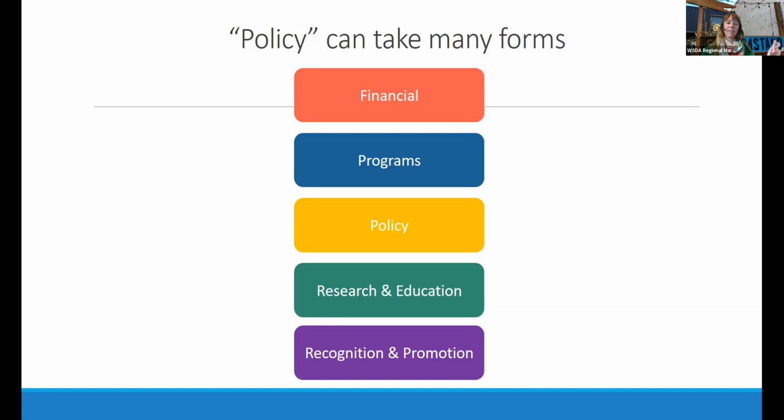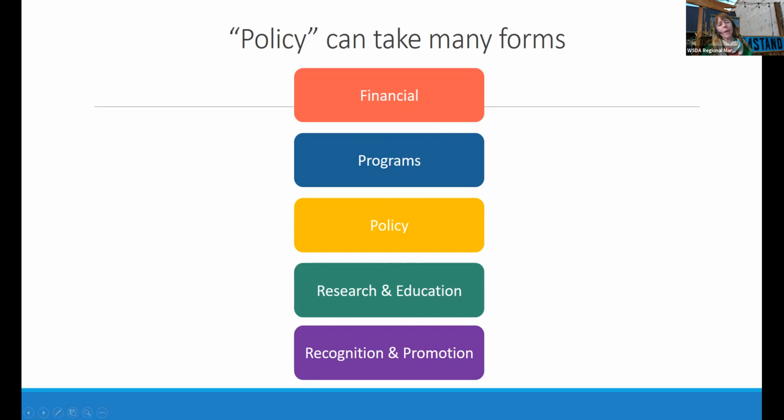If you think of policy in those terms, a policy could be a budget. It's dictating how activities are happening. It could be the way a program is implemented. It could be more traditional policy that we think of as written policy, like legislation, but it could also be what gets researched and how our education is structured.